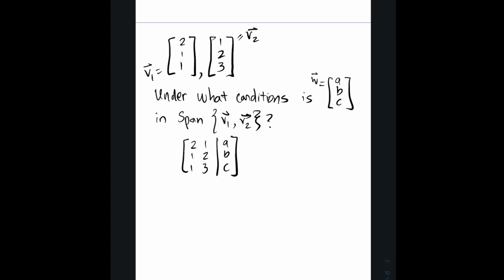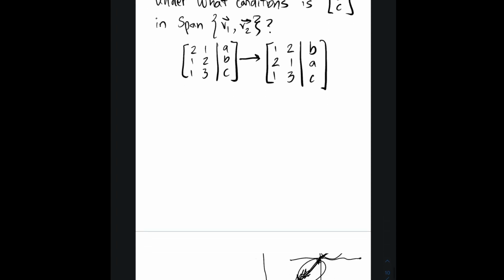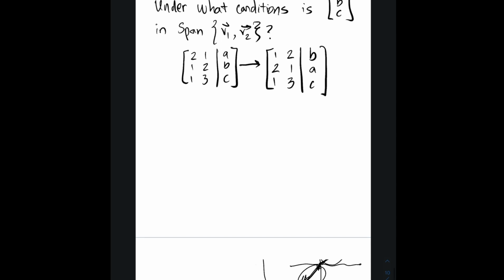Okay, so what should we do? We should row reduce. Right. So what should we do first? We could swap rows 1 and 2 to get a 1. And now we need to row reduce. So we have a pivot here, and then we need the numbers below that one to be 0.